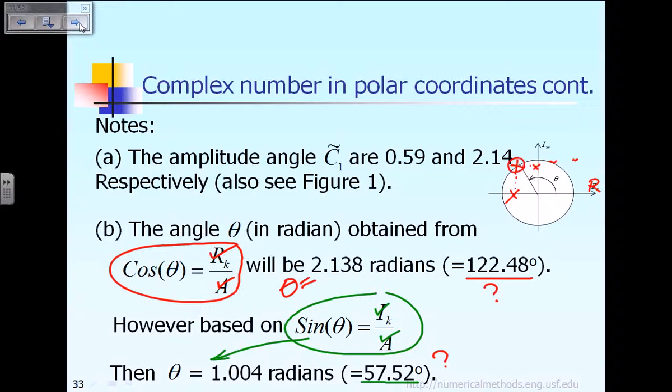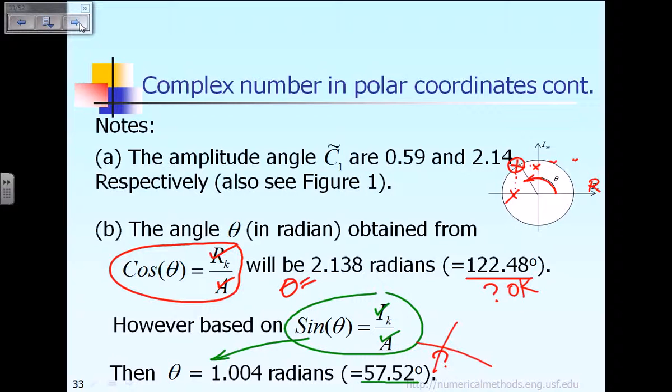And if that location is right there, it means the angle theta has to be somewhere between 90 degrees and 180 degrees. Therefore, this answer is okay. 122 degrees is somewhere between 90 and 180. Whereas the second answer, 57.52, cannot be accepted.